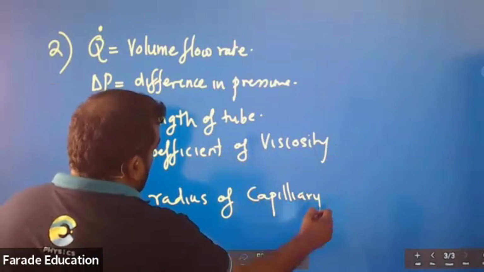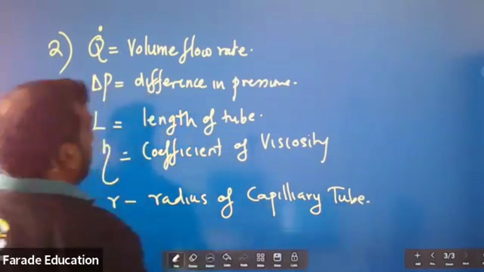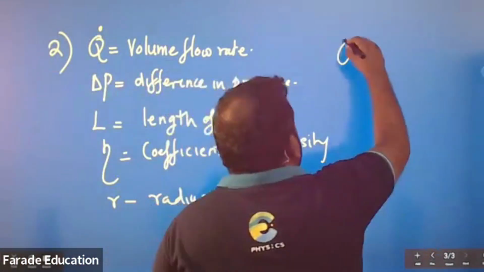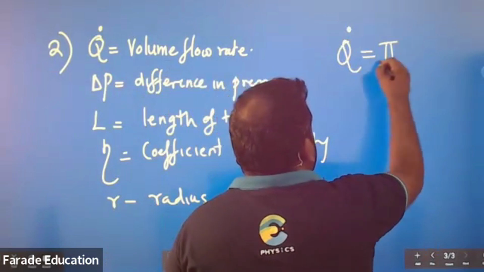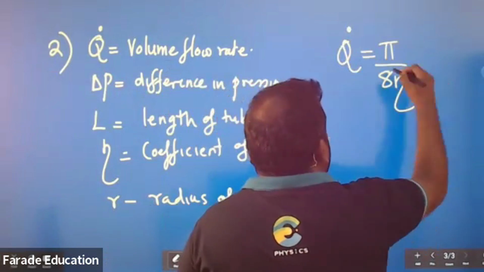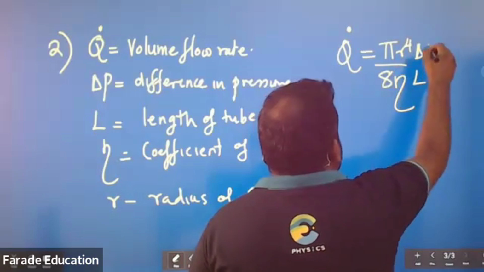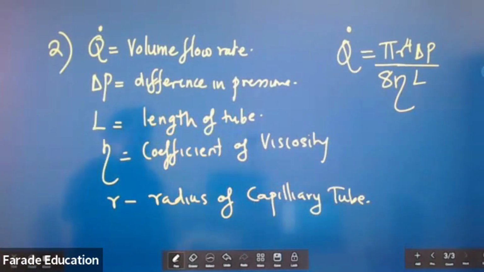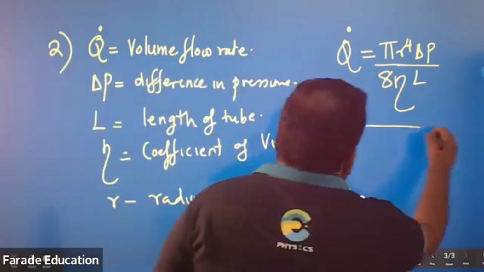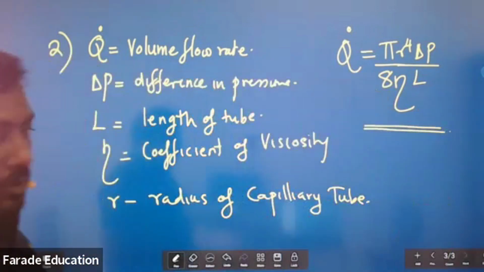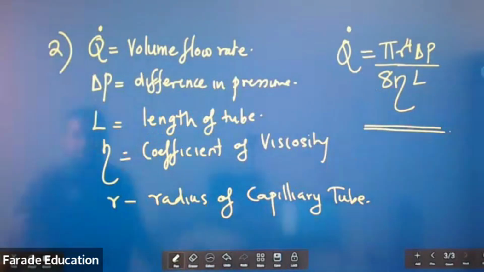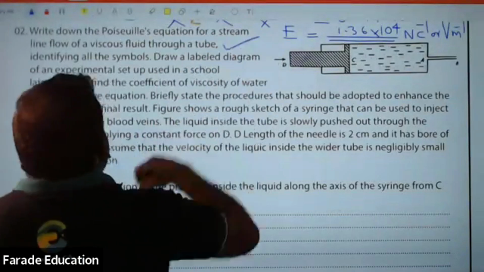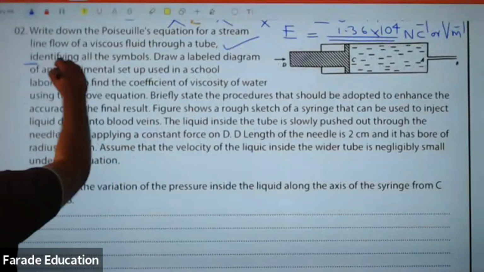They're asking you to show the relationship: Q dot equals pi over 8 eta L, R to the power 4, delta P. So this is your Poiseuille's equation for the volume flow rate through a capillary tube. That is done. Poiseuille's equation done. Identify all symbols done.